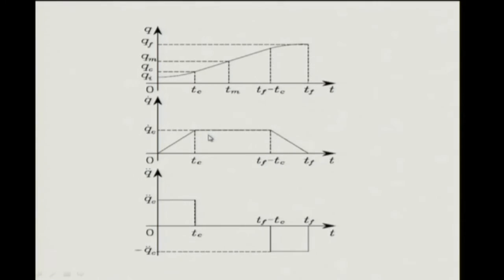So, what you are saying is that I want to cap the velocity at some value. So, I am going to go up the velocity on a linear ramp, okay, with a constant value of the limiting value of the acceleration. Once here I am going to cruise at the same velocity and then I am going to come down.